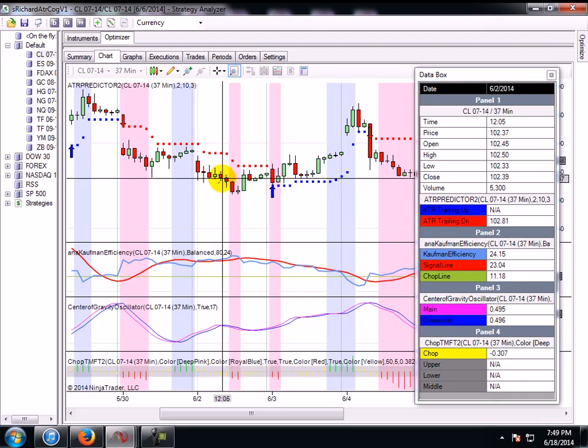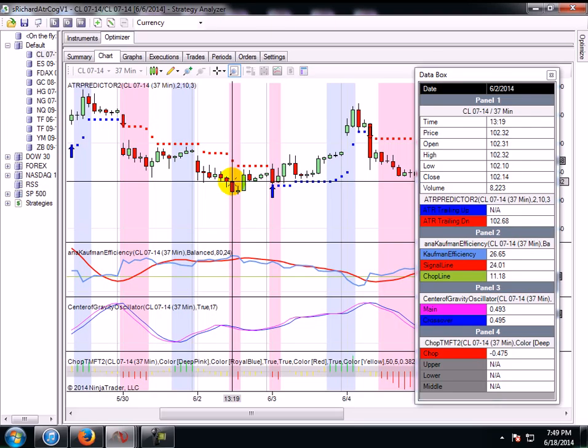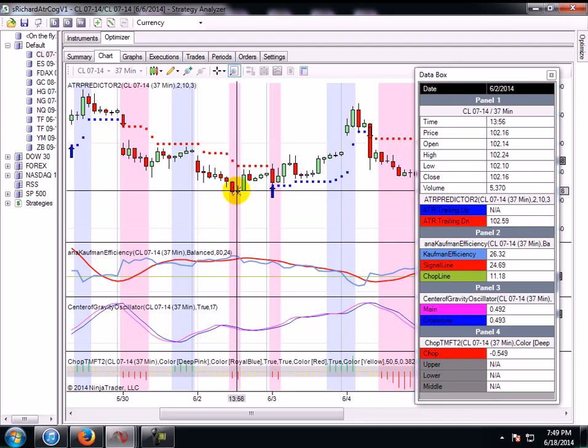So here, values 0.307, next one 0.308, the next one is clearly a little longer, 0.475. Then the next one, 0.549.